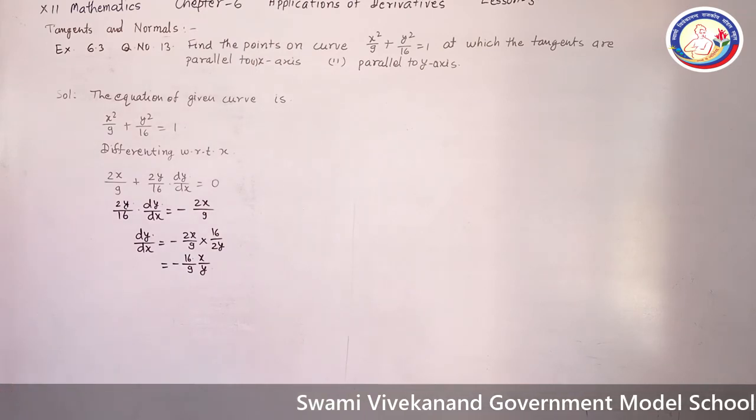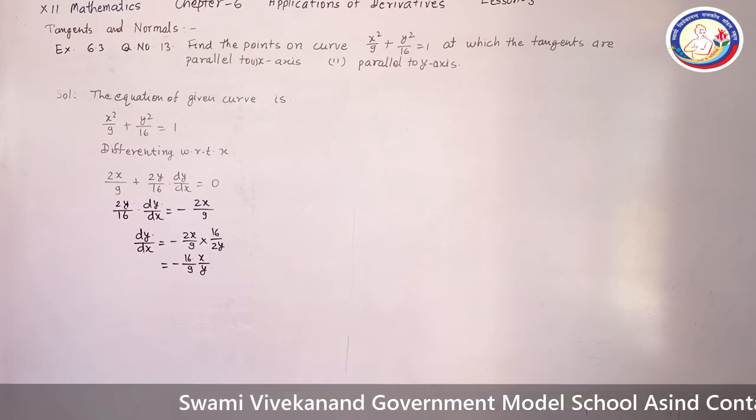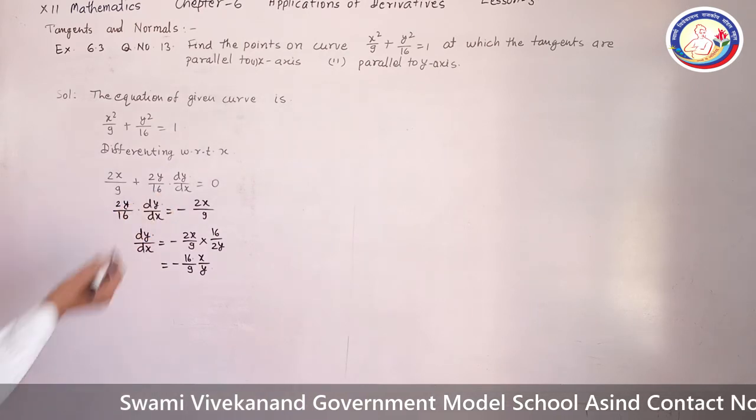We are given that the tangent is parallel to the x-axis. This is the slope of the tangent.